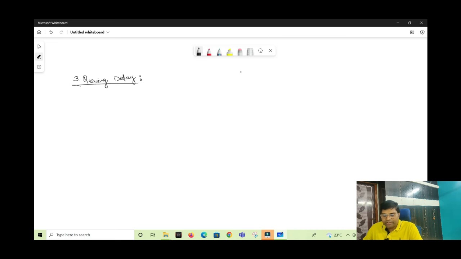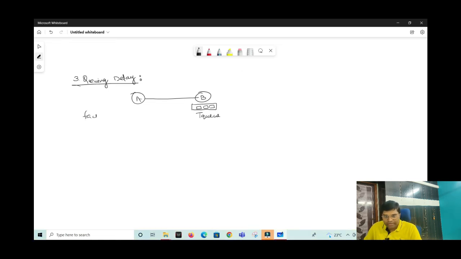For example, this is sender A, this is B, and after reaching here, these packets need to wait in the buffer, or in the queue, for some time. This waiting time is called the queue time.